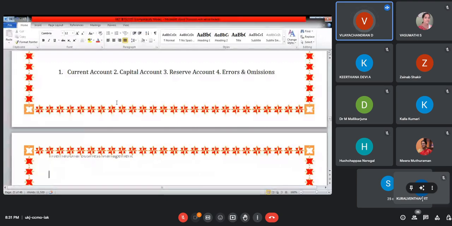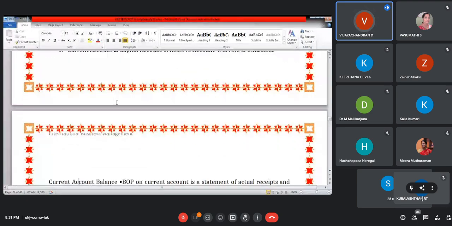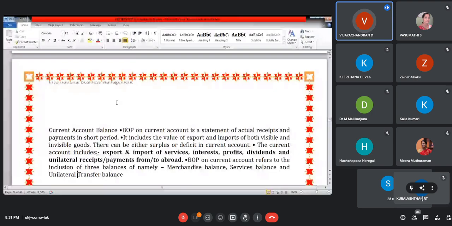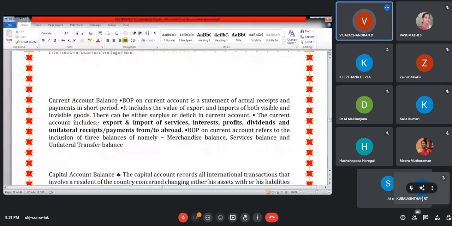So I will tell in a detailed way what is coming under the current account. I told, current account is a part of balance of payment. It is a part of a statement in the balance of payment which will show the receipts and payments in short period. Short period means what? Within 1 year. All the exports by India with other countries, and all the imports by India with other countries, will be recorded in the current account.